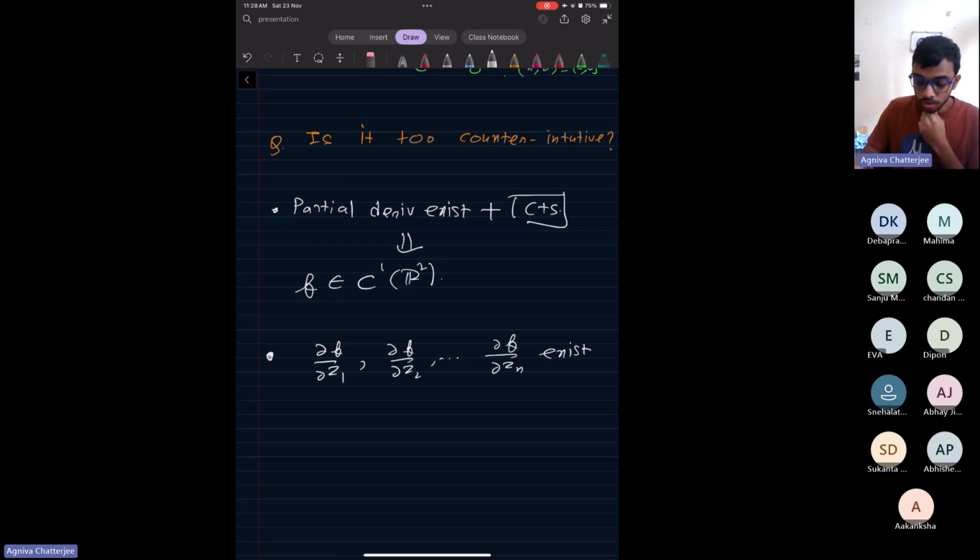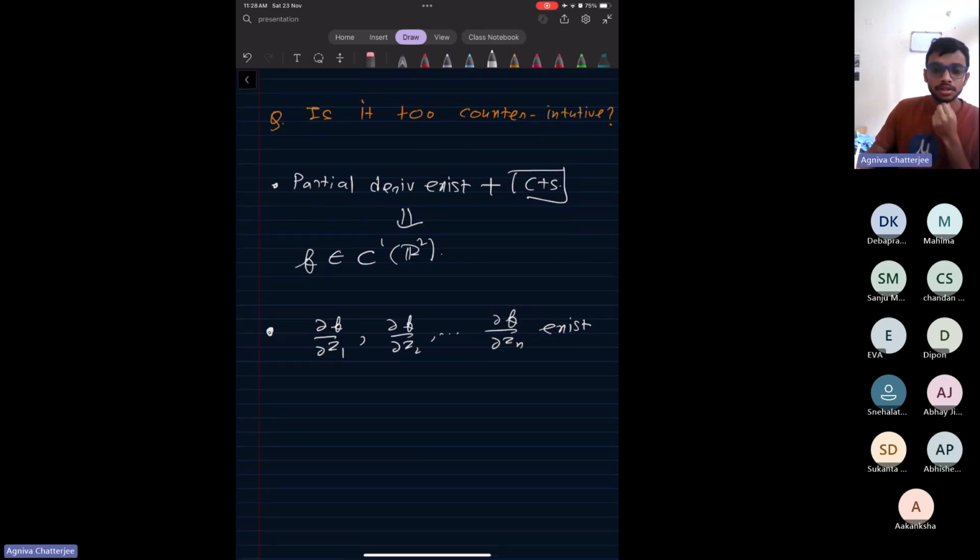So here, what happens? What is del f del z1? It is a complex derivative of a one variable function. So that means this is C infinity, in fact complex analytic, because it is a complex derivative of a holomorphic function.